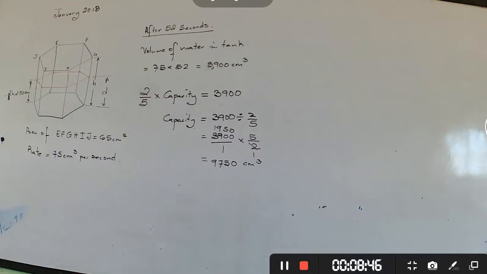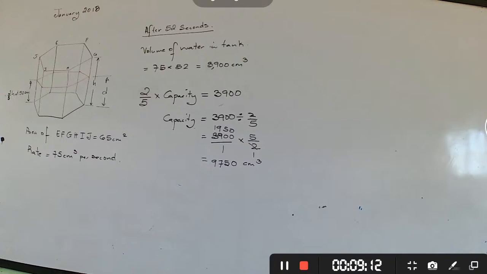Now, what is the shape of the container? Hexagonal prism. So therefore, what is the shape of the water in the container? A liquid takes the shape of its container. So if the container is a hexagonal prism, the water in the container is also a hexagonal prism.